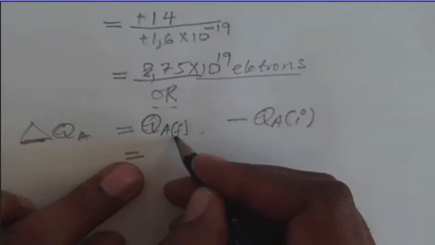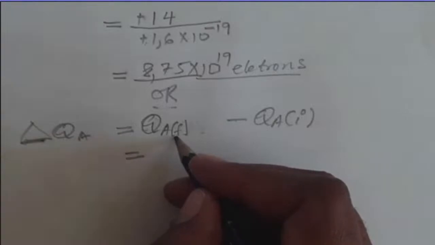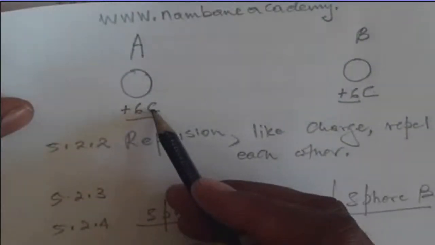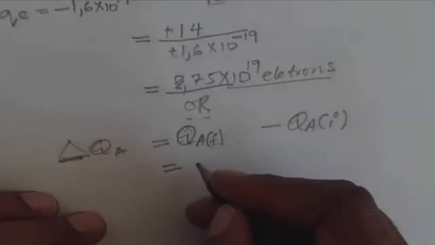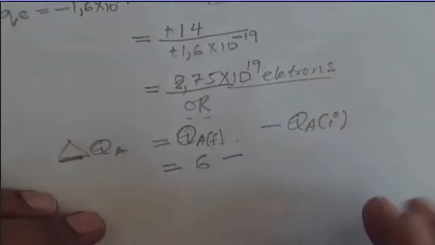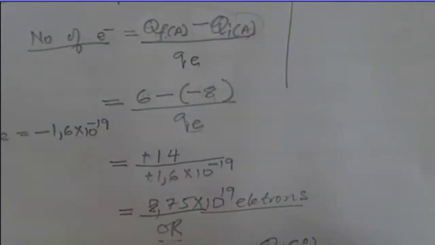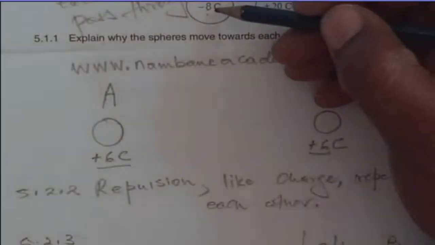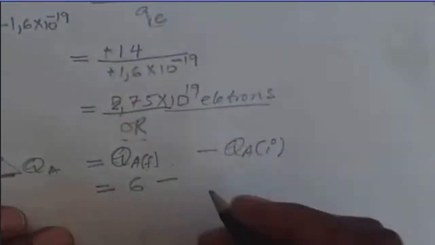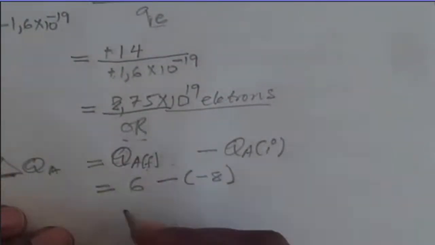So finally, after they made contact and separated, it will be 6 minus, initially I'm having negative 8, so it will be into negative 8.